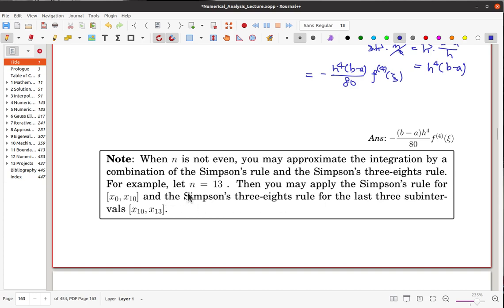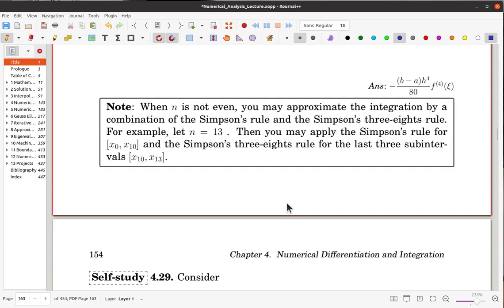For example, if n is 13, you may apply Simpson's rule for the first 10 subintervals, so there are 5 applications of the elementary Simpson's rule, and for the last 3 subintervals, you may apply Simpson's 3/8 rule. In this way, you can enjoy high accuracy for the integral.